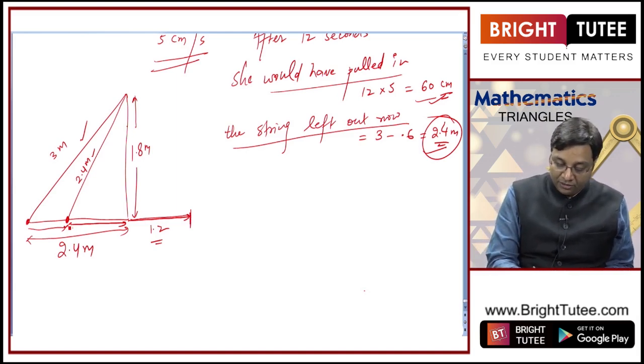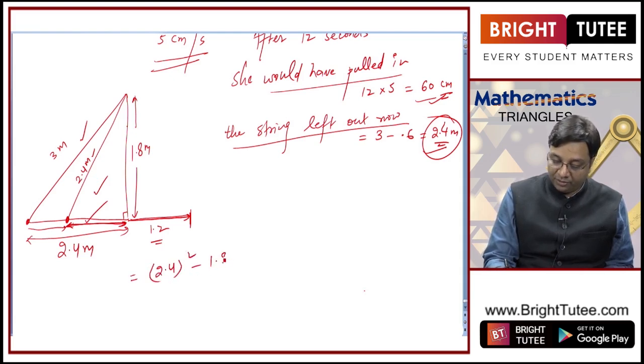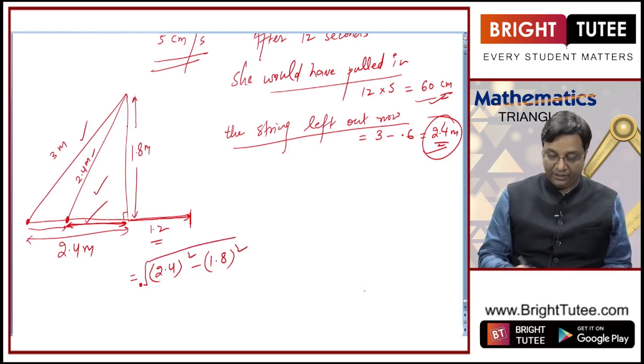To find this distance, I just have to apply Pythagoras theorem in this triangle. So the required distance is equal to square root of 2.4 squared minus 1.8 squared, right?